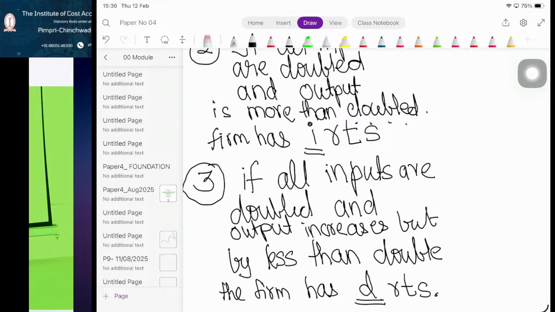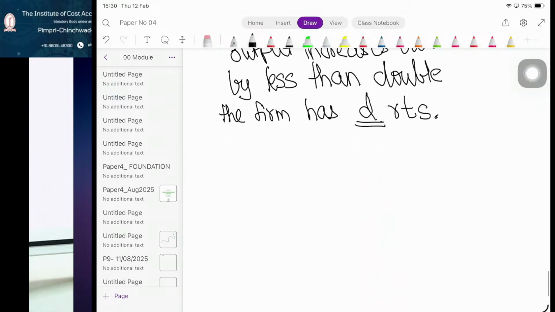The firm has decreasing returns to scale. So just look at this box.